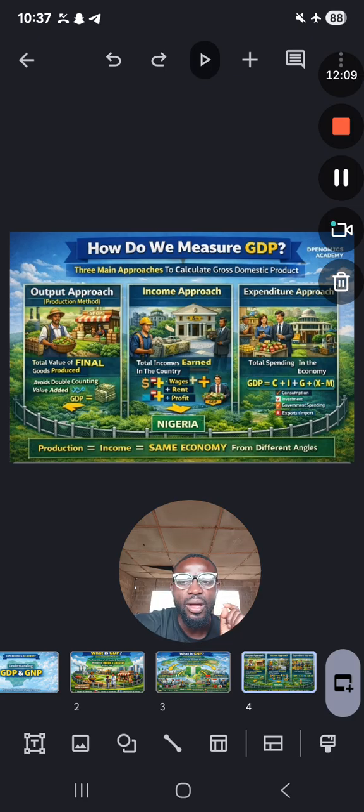Okay, so imports are subtracted because they were not produced locally. We brought them from outside, right? So the big idea is, whether we measure production, income, or spending, we are observing the same economy from three different angles, right? So the final answer should be the same.